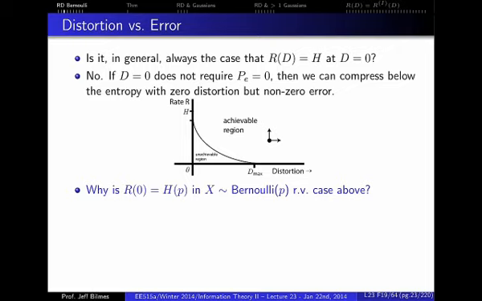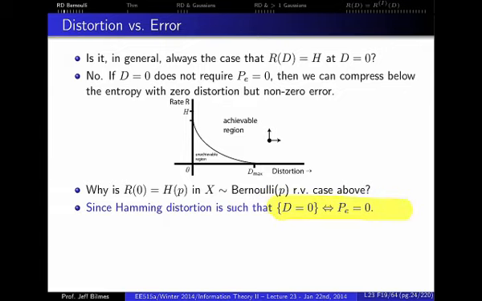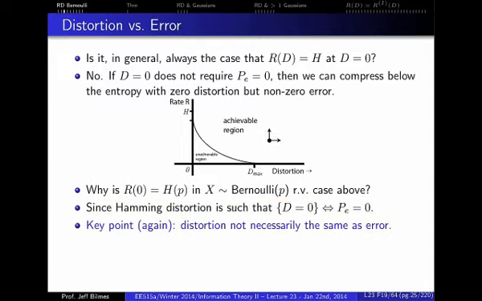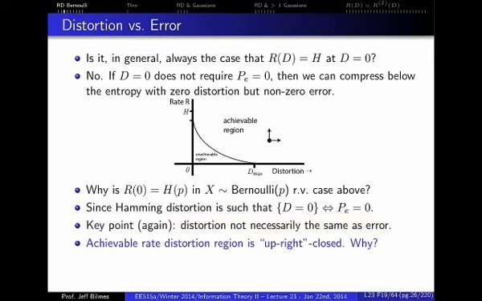So then the question is, why is the rate at 0 equal to the entropy in the Bernoulli case? And that's essentially a function of the distortion function, because in that case, when the distortion is 0, the probability of error is really going to be 0. So these are identical events in this current Bernoulli case. Okay. So the key point then is that the distortion is not necessarily equal to the error.